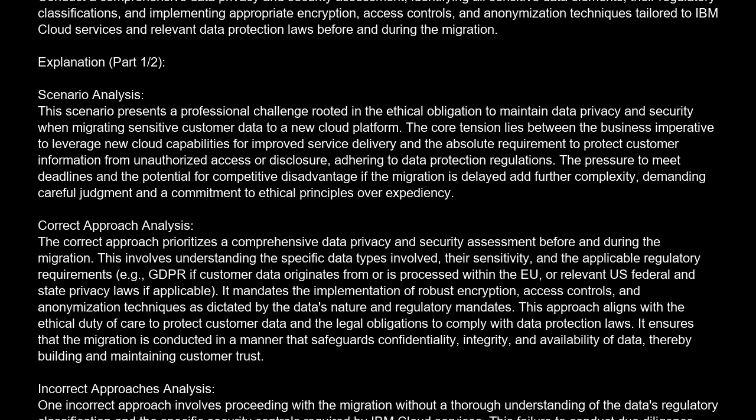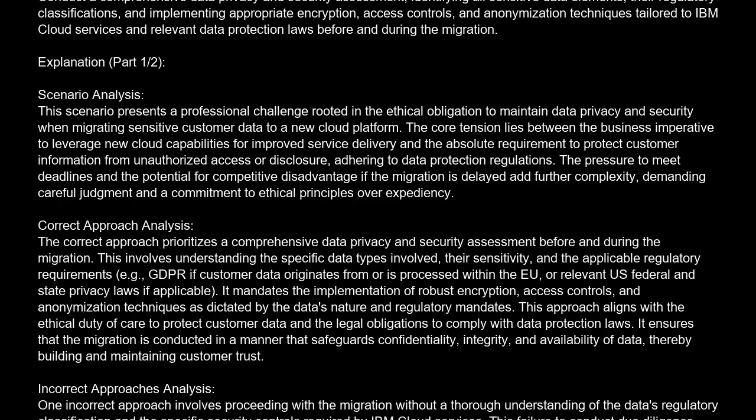Correct approach analysis. The correct approach prioritizes a comprehensive data privacy and security assessment before and during the migration. This involves understanding the specific data types involved, their sensitivity, and the applicable regulatory requirements, e.g., GDPR if customer data originates from or is processed within the EU, or relevant U.S. federal and state privacy laws if applicable.